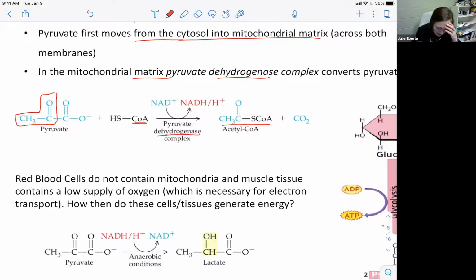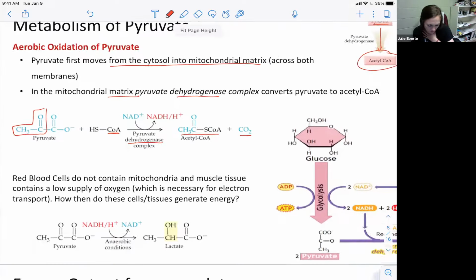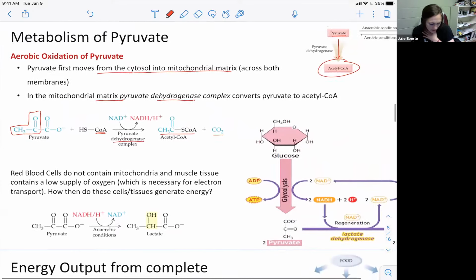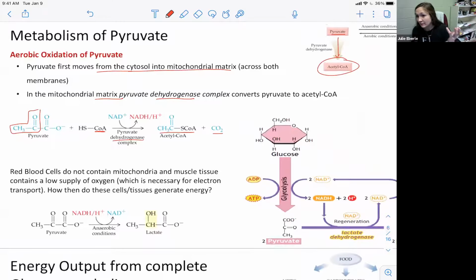That's acetyl-CoA. In the process, we reduce NAD plus to NADH, and we do get a molecule of CO2 from that as well. So that's one fate of pyruvate: it can just be turned into acetyl-CoA.